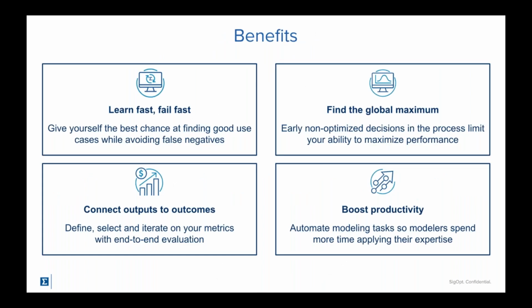And they really allow for a large amount of benefit to both you as the user and the business as a whole. By having optimal experimentation, by having a single place where you can easily learn from, reproduce, and start already running on problems, this allows you to learn fast and fail fast.